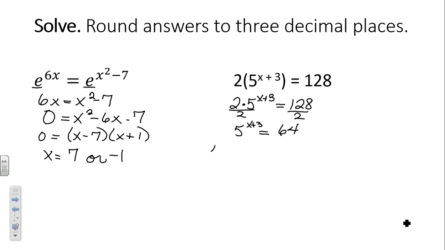Because if we take the log base 5 of 5 to the x plus 3, our one-to-one property will say that our answer to this side of the equation is the power, x plus 3. But if we take the log base 5 of the left side, we have to be fair to both sides of the equation and take the log base 5 of the right side. So the left side simplifies to x plus 3.